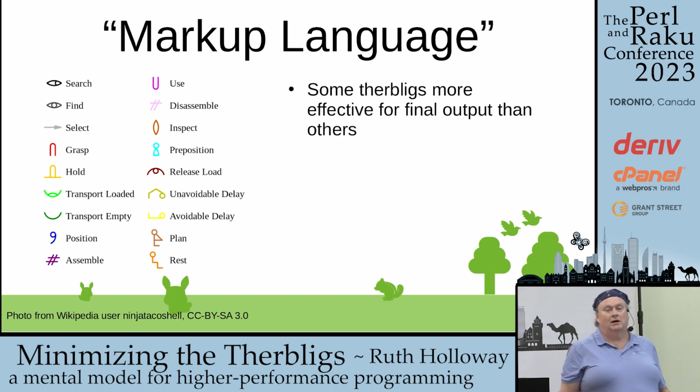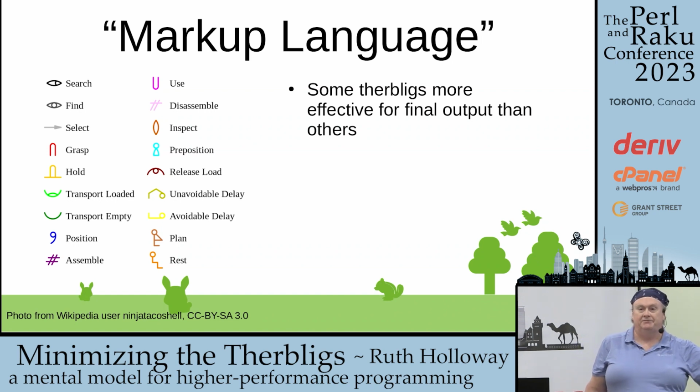Now, some of these are much more efficient for the final output you want than others. And that's very much industry dependent. But things like avoidable delay is one of the least efficient in almost all of them. So what they do is they go in and watch industrial workers and they make these little marks to describe how they're doing their job and all the little moves they had to make.